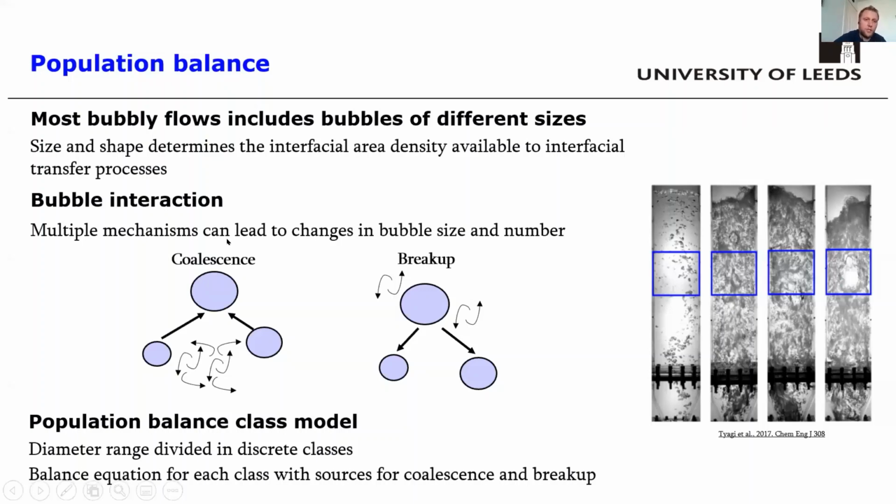For this large change in bubble diameter in the flow, we need to include also a population balance model. And we use the class population balance models available in OpenFOAM that subdivide the bubble diameter range into discrete classes, solve an equation for each class, and calculate the exchanges between the classes due to coalescence and breakup. And specific models for coalescence and breakup are also included.